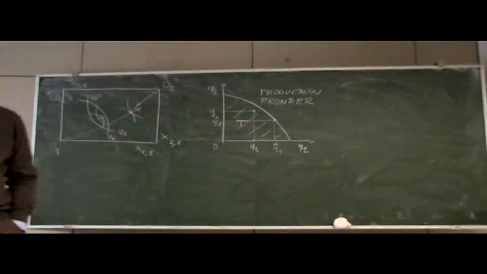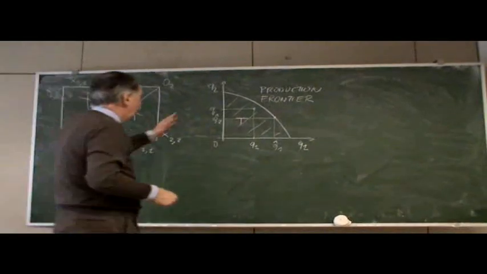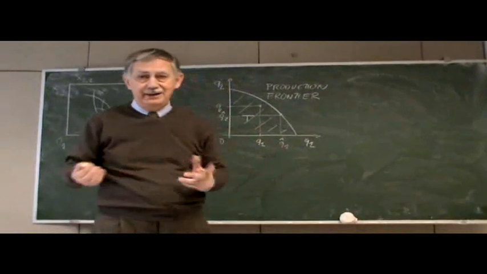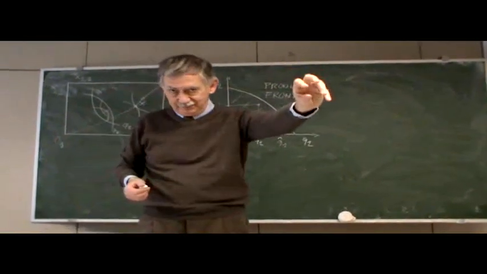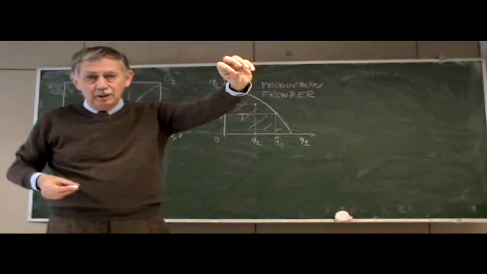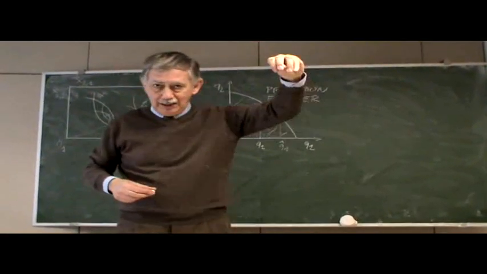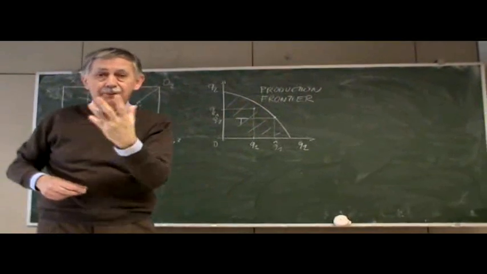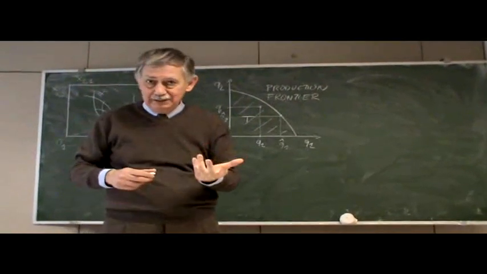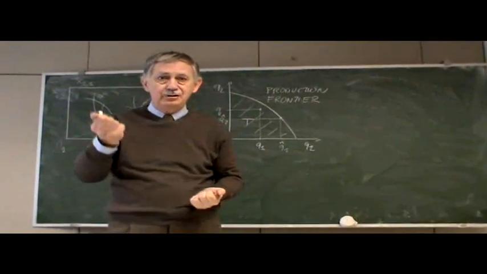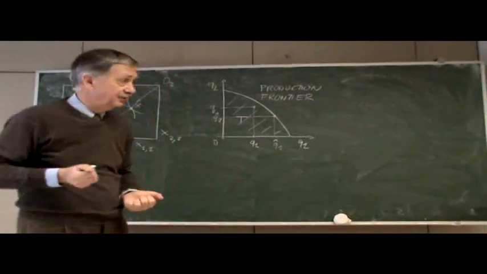Clearly, it's not that good 2 is transformed into good 1 or vice versa. Simply, a part of the factors which were employed in the production of good 2 are transferred to the production of good 1. So the production of good 2 decreases, while the production of good 1 increases.